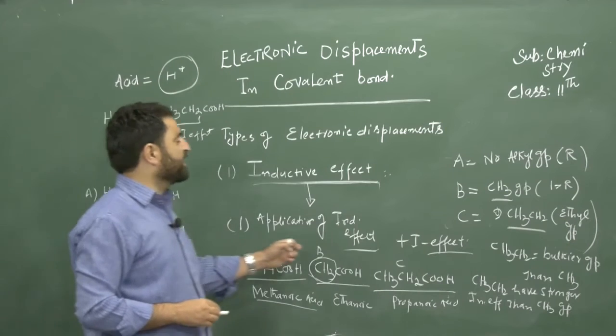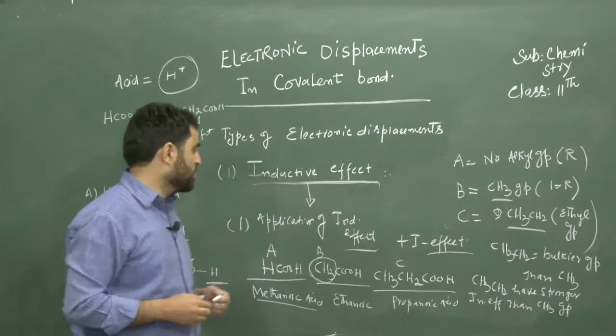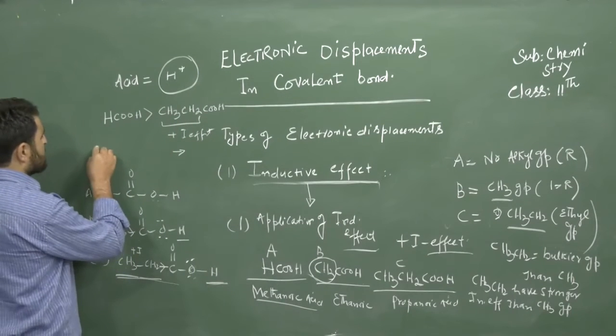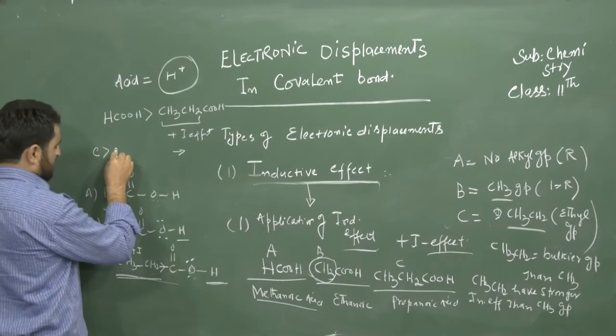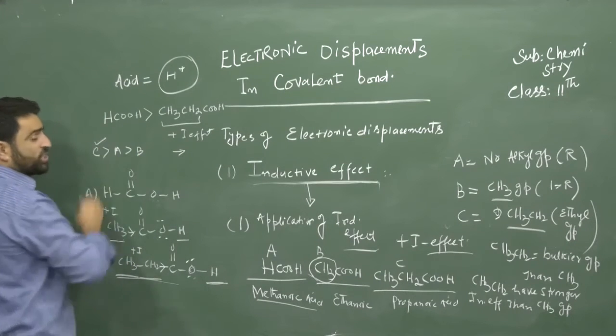So one application of inductive effect is the relative strength of acidity. In the three acids, the order is C greater than A, then B. Therefore C is the strongest acid.